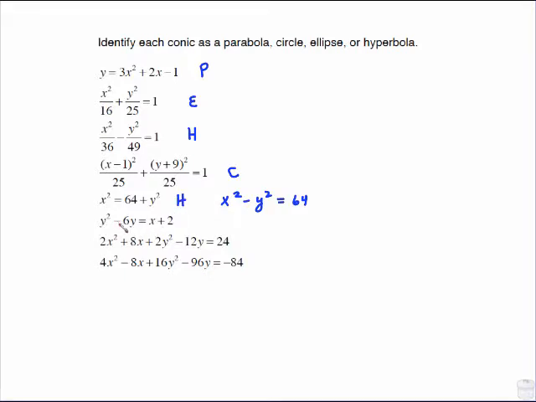This one has only y squared, therefore it must be a parabola. I look here, I don't want to have to complete the square, I'm just looking at the squared terms. This says 2x squared plus 2y squared. Since there's a plus in between and those two coefficients are the same, it is a circle. And this also has a plus, 4x squared plus 16y squared, but those coefficients are different, therefore this represents an ellipse.